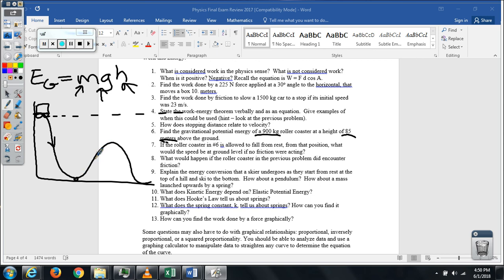It'll go up, and so, working against gravity, some of that EK becomes EG again. When it gets to the top of this hill, it doesn't come to a stop because there's still all this distance between its initial height and where it is now. So it's going over that hill with some speed. So engineers have to work that out, because remember, now you're going over this hill. That's like circular motion now, and so you need a centripetal force.